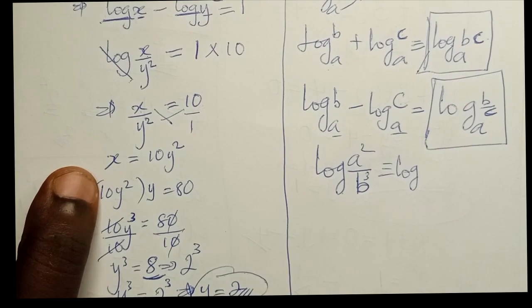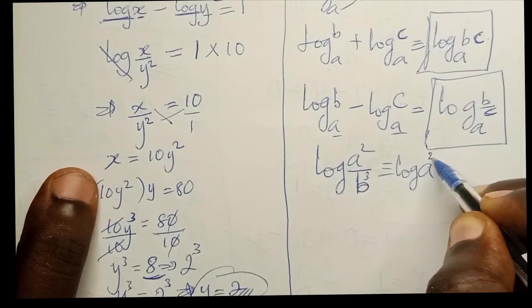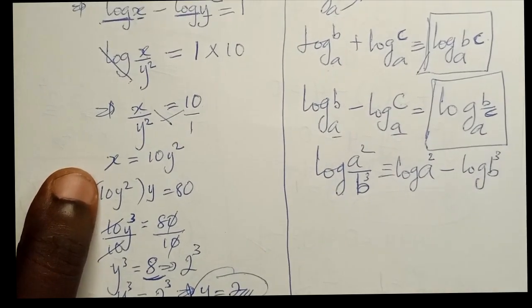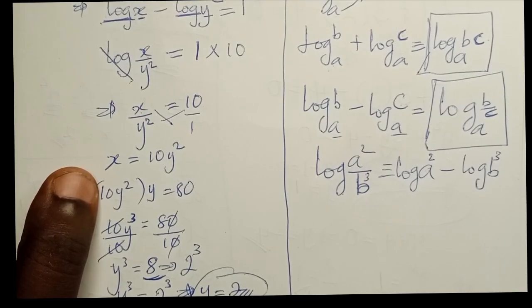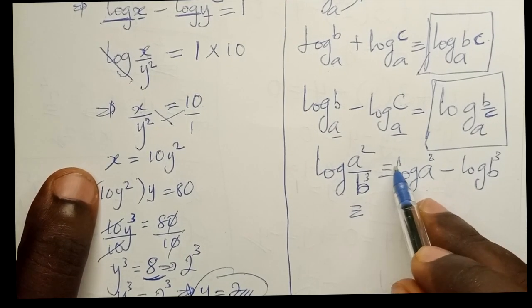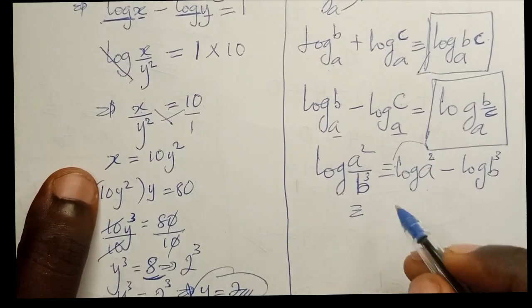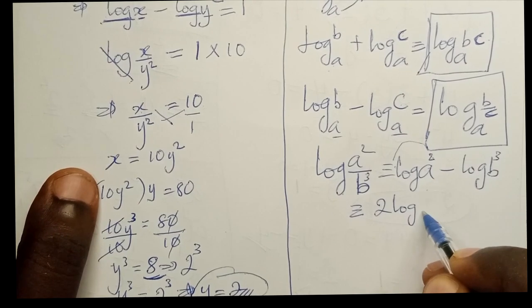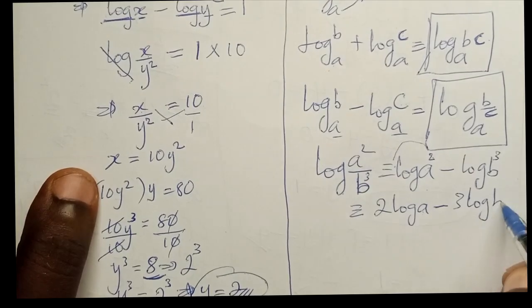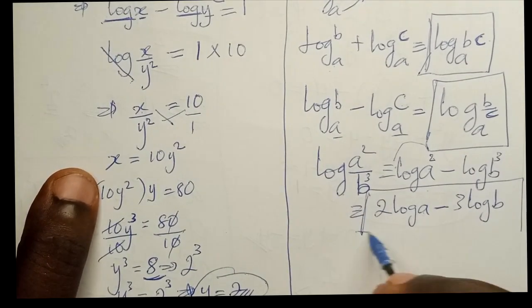So we say log of a to the power 2, which is a squared, minus log of b cubed. And this is the next law. These powers can come and affect here: you can transfer the 2 here, which is 2 log of a, minus, and the 3 can come here, 3 log of b. So it is the same like this.